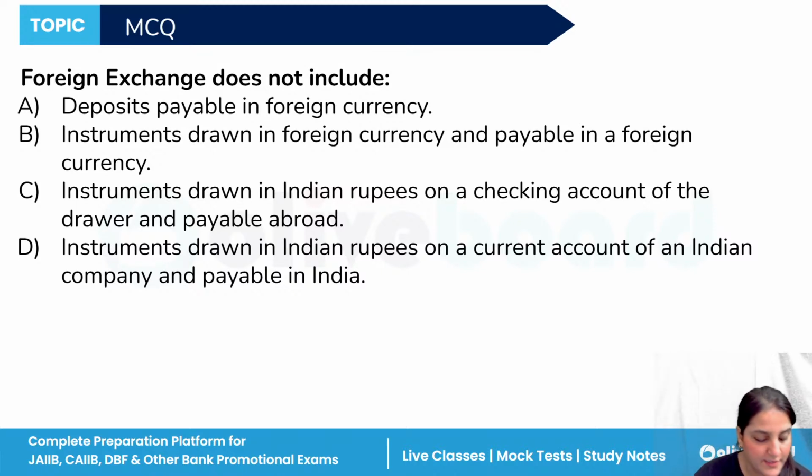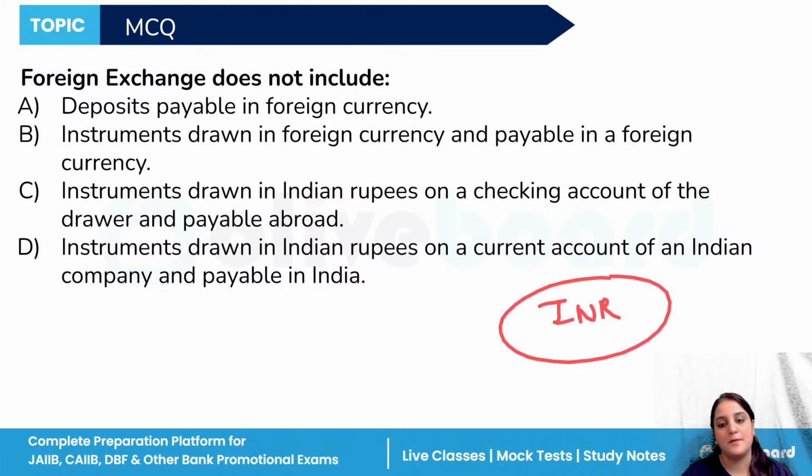Yes, correct. Let's see the answer. Foreign exchange does not include instruments drawn in Indian rupees on a current account of an Indian company and payable in India. This option involves transactions in Indian rupees, which is a domestic currency, and foreign exchange typically involves currency other than the domestic currency of a country.